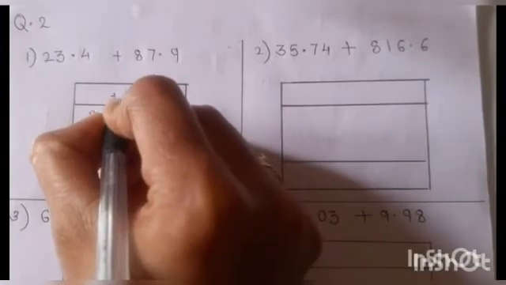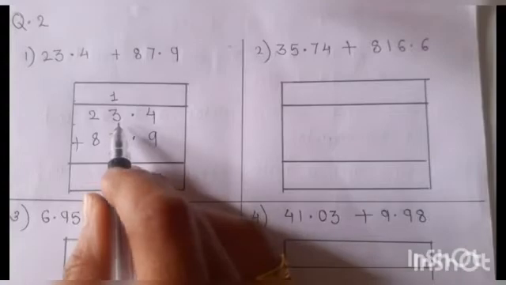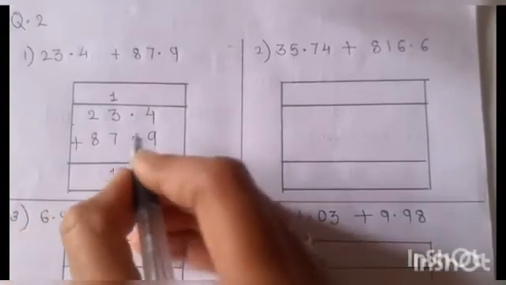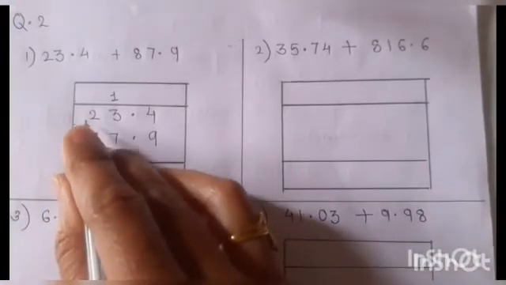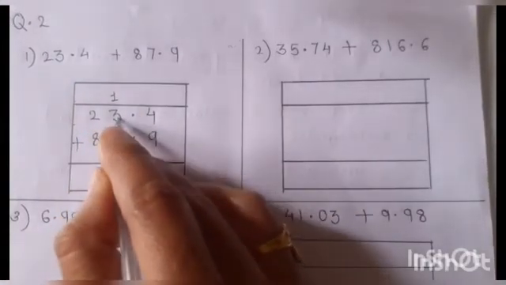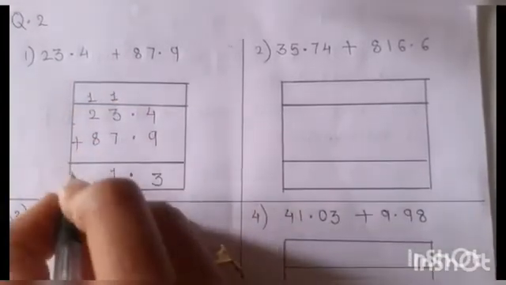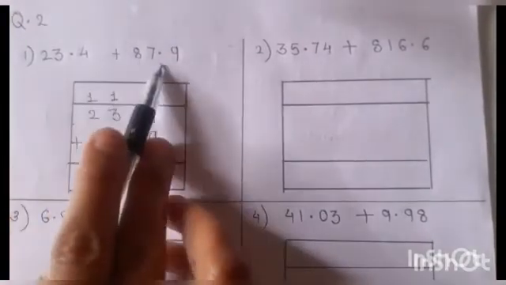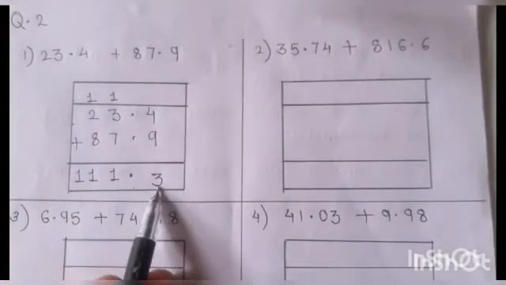Carry 1. 7 plus 3 plus 1, 11. Carry 1, point under point. 8 plus 2, 10 plus 1, 11. So the addition of 23.4 plus 87.9 is 111.3.